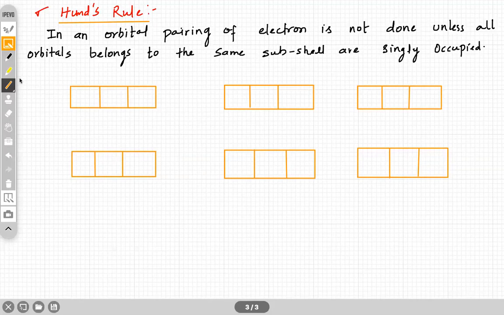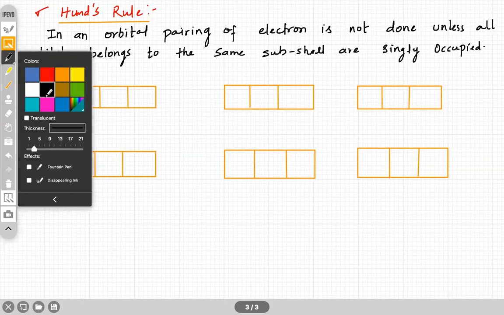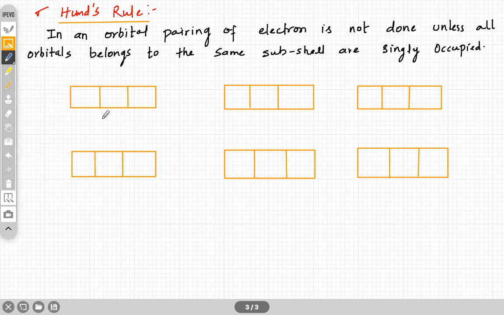Suppose this one here, we have the 2p1 configuration, the p subshell 2p1 configuration, this is the 2p2 configuration, this is 2p3, this one is 2p4, this one is 2p5, and this one is 2p6.